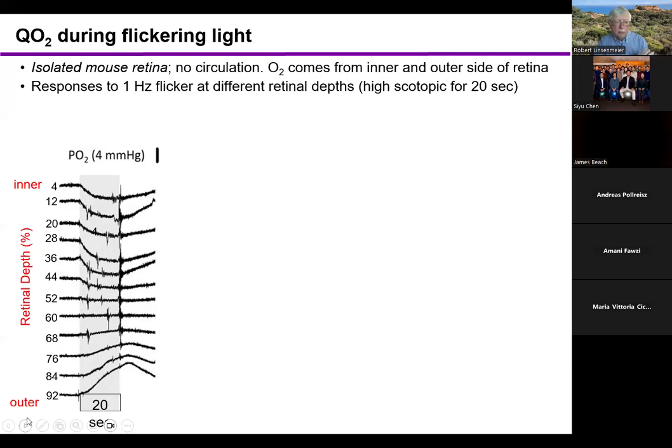If you look at the outer retina, as we talked about before, the PO2 goes up when you turn on a light. In this case, it's flickering light. That indicates that the consumption is going down. If you look at the inner retina, now you clearly see a decrease in PO2, indicating that the oxygen consumption is going up.